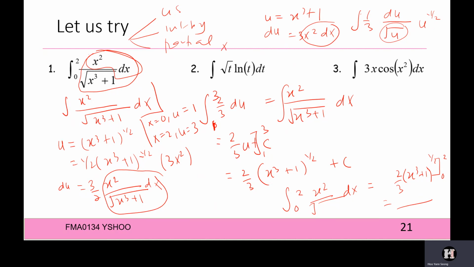Or if you don't want, you can choose your u as x cubed. That's why in integration you have many ways to do the substitution, especially for this type of basic question. No one can say which is better, as long as you can finally settle the whole thing.